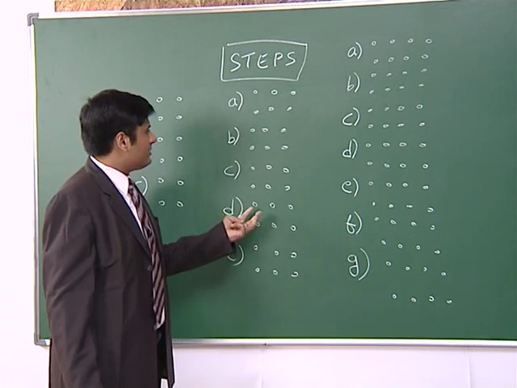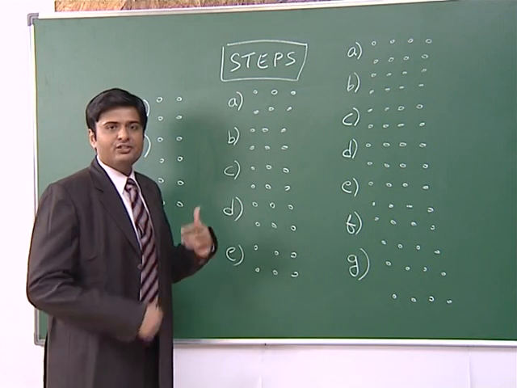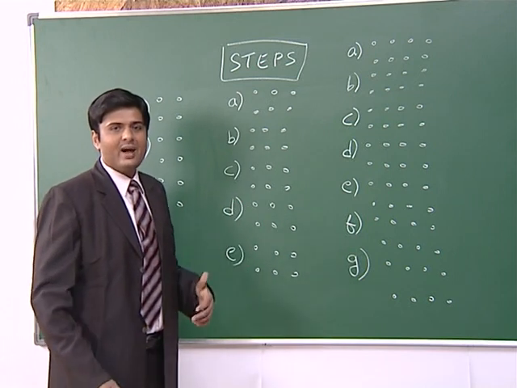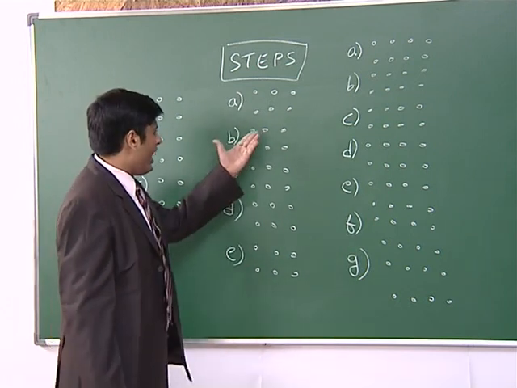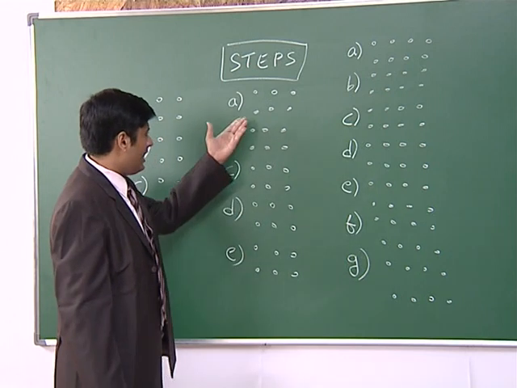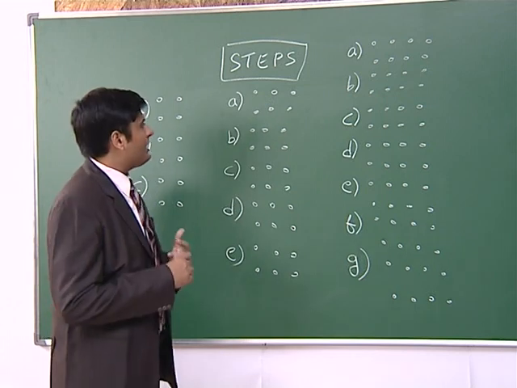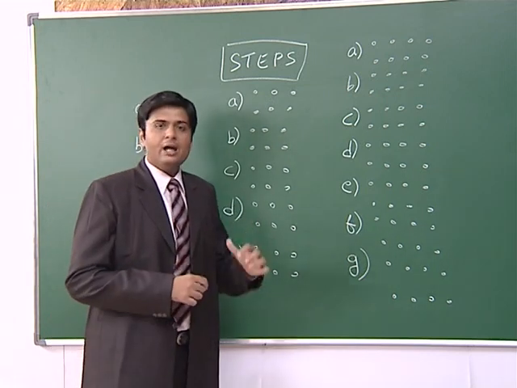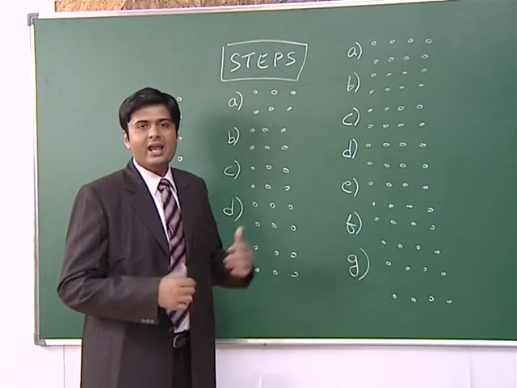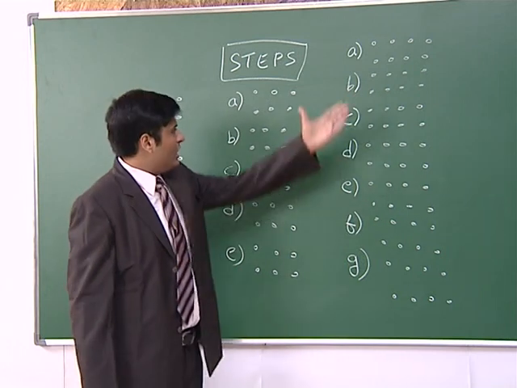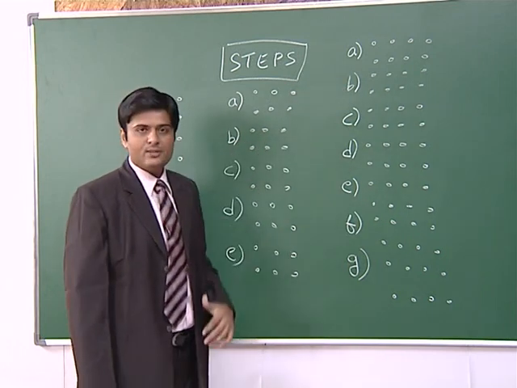When I multiply 3-digit numbers, double of 3 is 6 and 6 minus 1 is 5. So, I use 5 steps: A, B, C, D, E. Similarly, when I multiply 4-digit numbers, double of 4 is 8 and 8 minus 1 is 7. So, I use 7 steps.